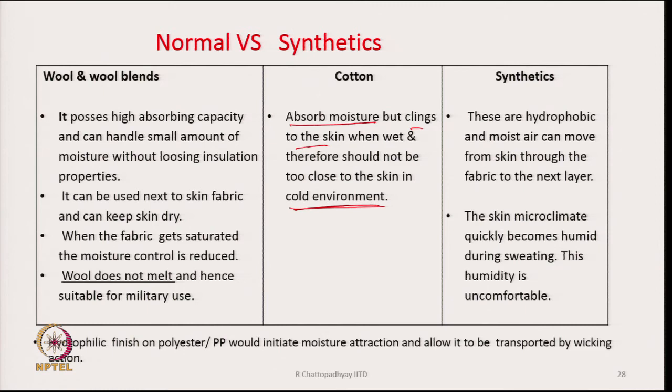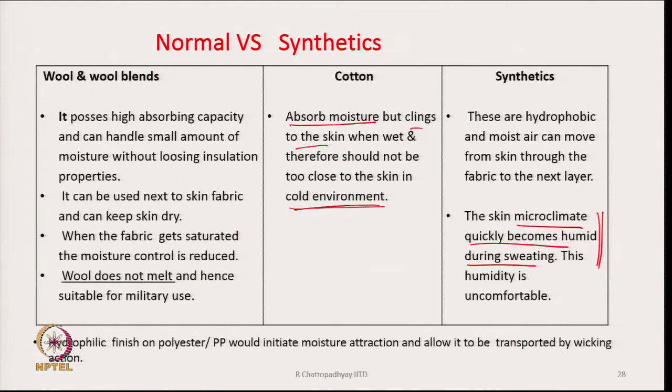Synthetics are hydrophobic and moist air can move from the skin through the fabric to the next layer. So, not only moist air, the sweat can also move faster. The skin microclimate quickly becomes humid during sweating, that is the only negative point. The microclimate will get humid very fast, but initially whatever moisture the skin is generating, the layer of fabric made from synthetics is not going to absorb it.